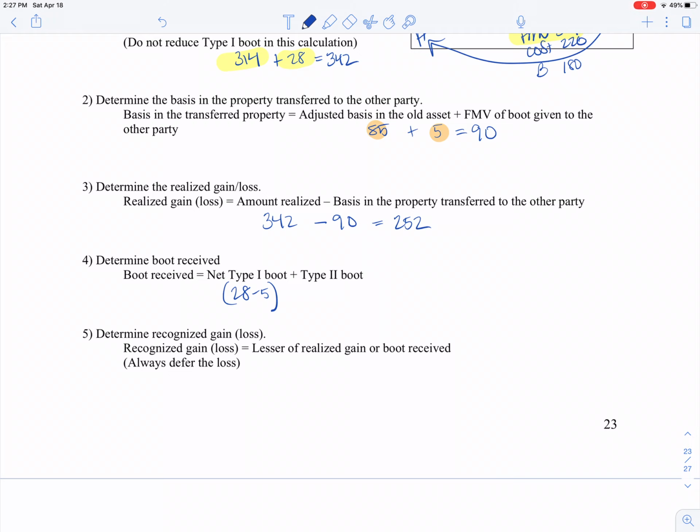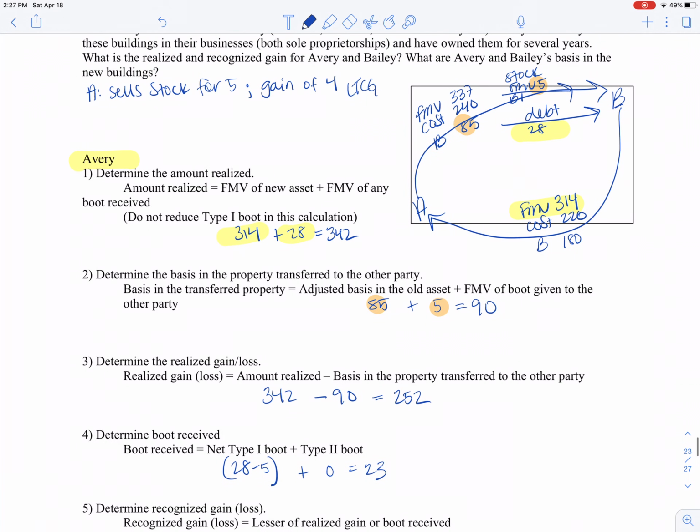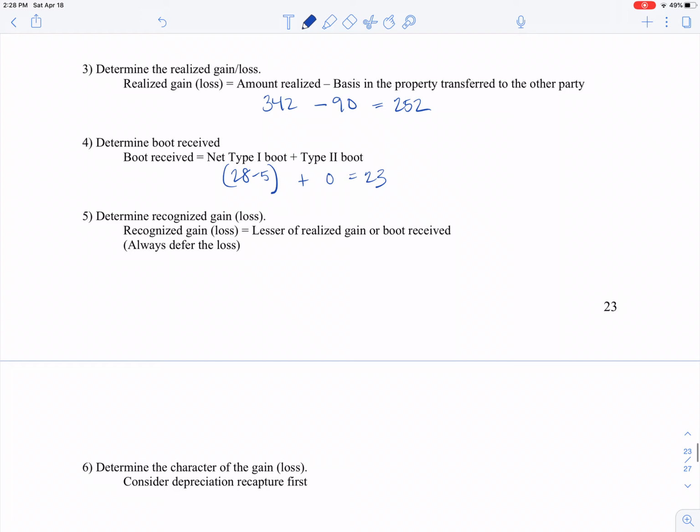We're netting those together. There was no type 2 boot, so we have 23. The boot we received was effectively 23 because we had 28 in debt relief, but when we net that against the boot that we gave, we only get 23. All right, then the recognized gain or loss is the lesser of the realized gain or boot received. So for Avery, we're going to have recognized gain of 23.